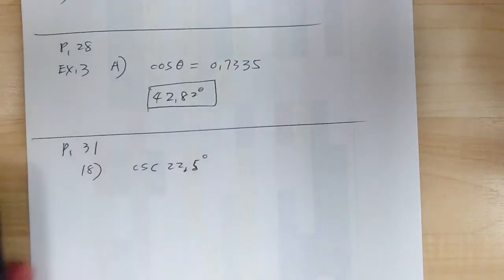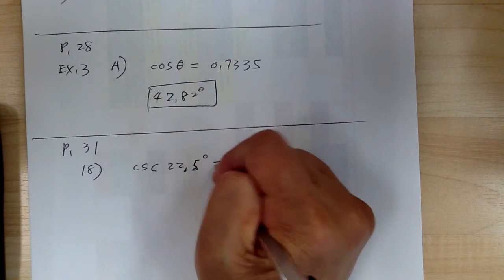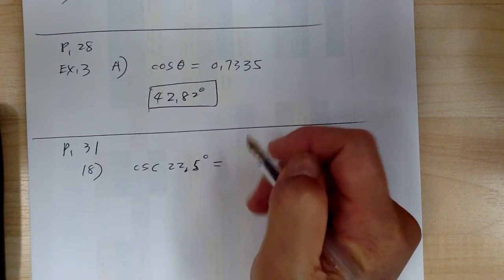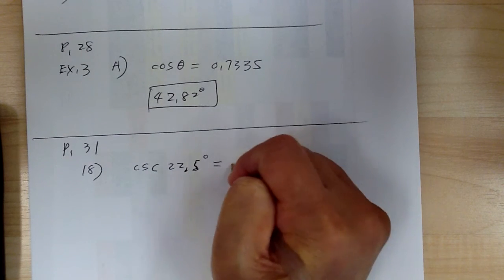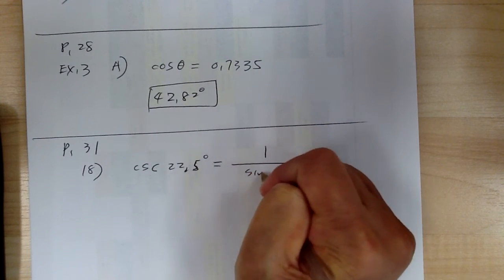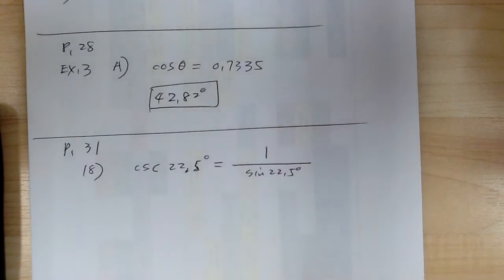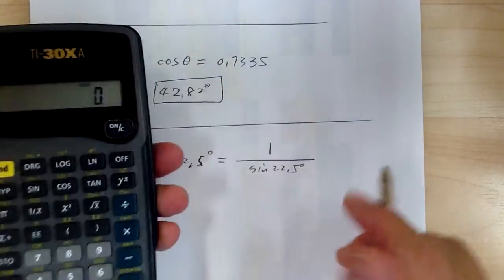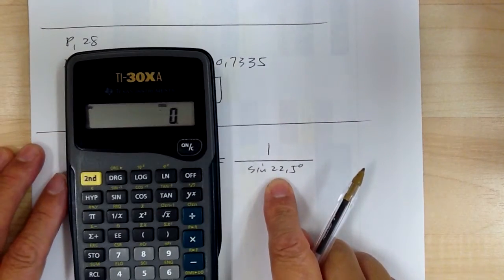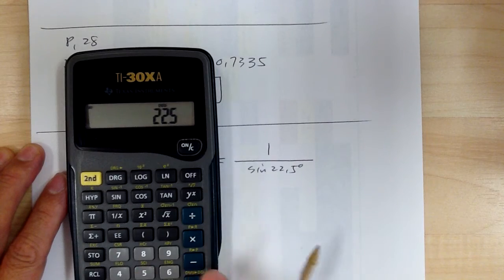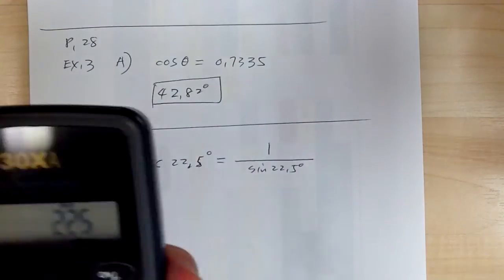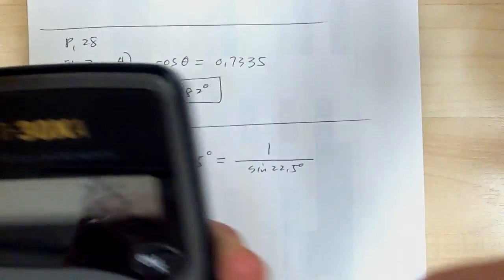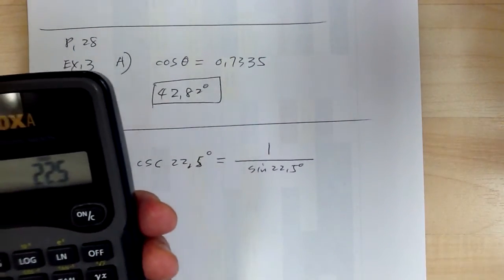So what you need to do is first realize that cosecant is the reciprocal of sine. So first you convert this into 1 over sine of 22.5 degrees. Let's figure out the sine of 22.5 degrees first. So 22.5, and by the way, you have to make sure that this is in degree mode. Make sure your calculator says DEG. If it says RAD, you're in the wrong mode.